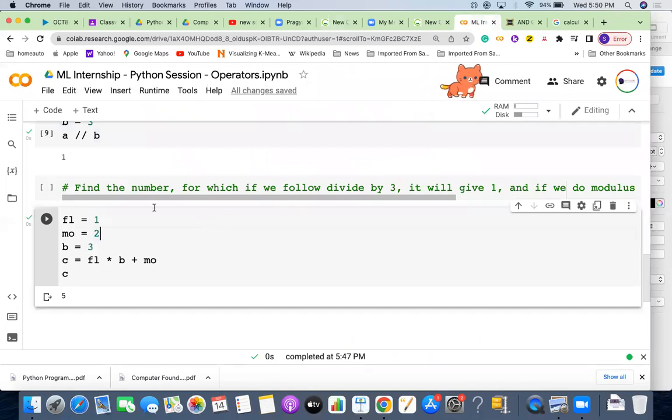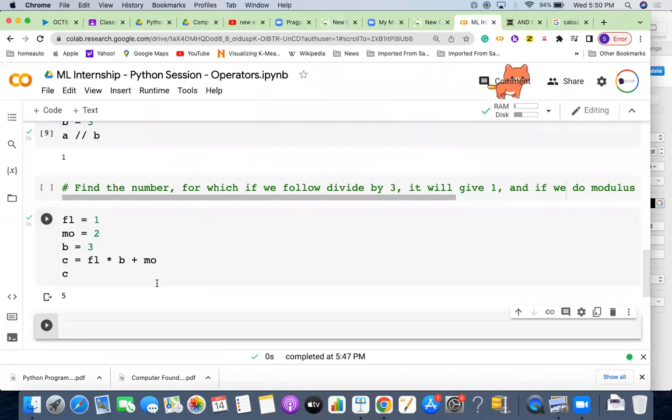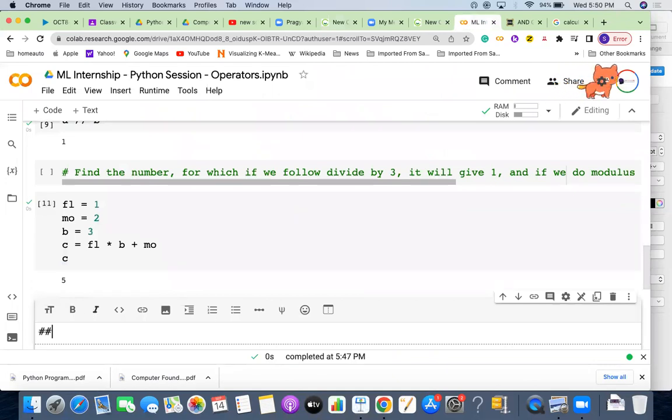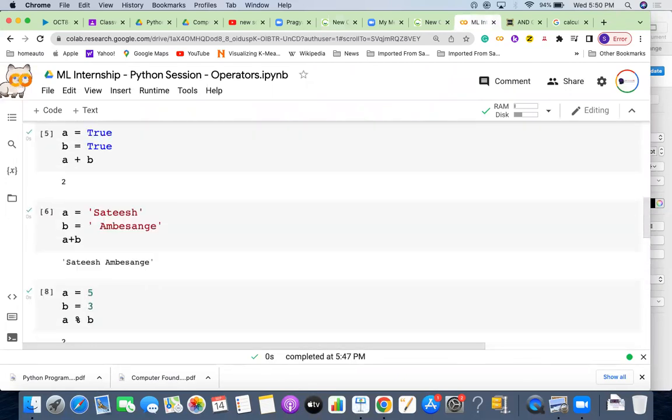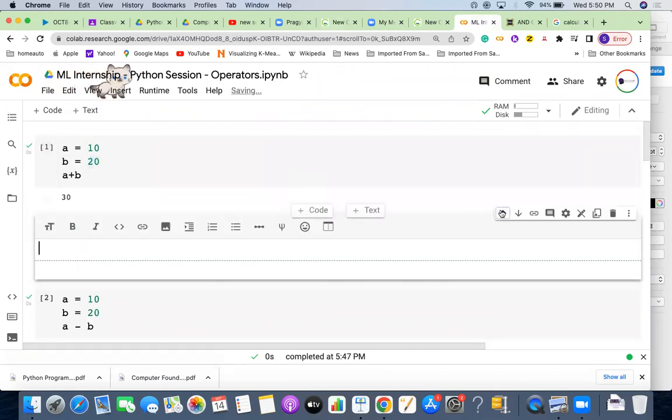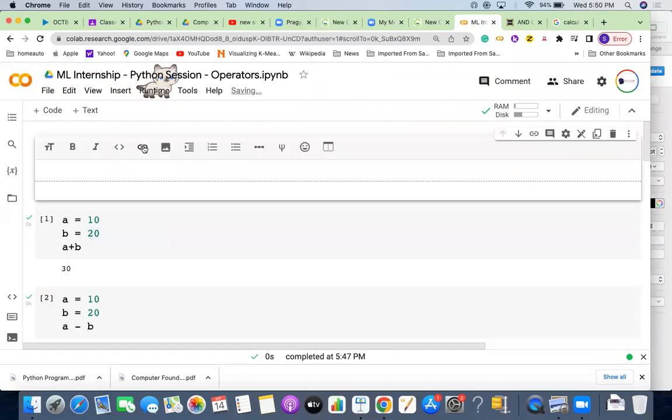So now we are looking at assignment operators, correct? So far we looked into arithmetic operators.